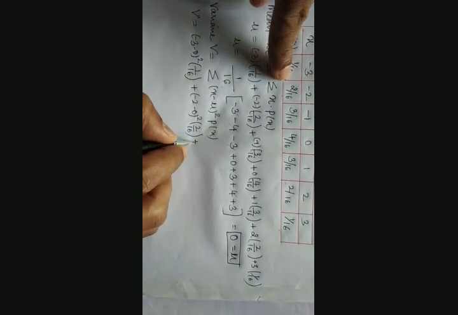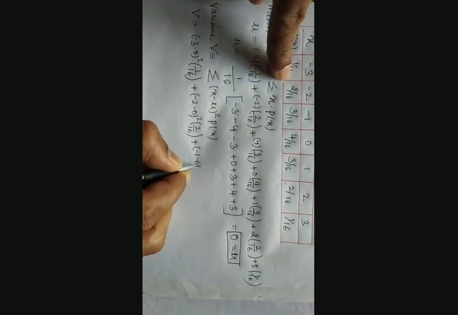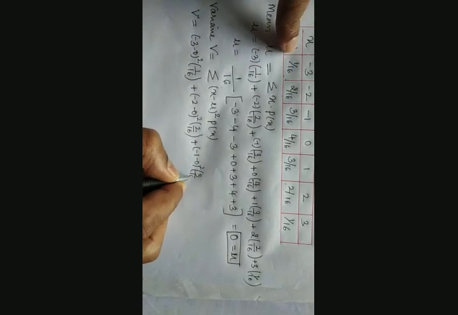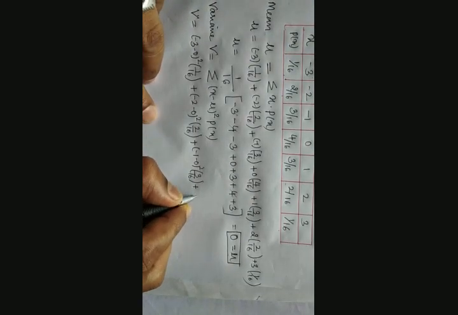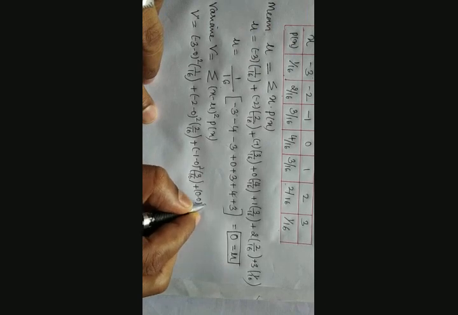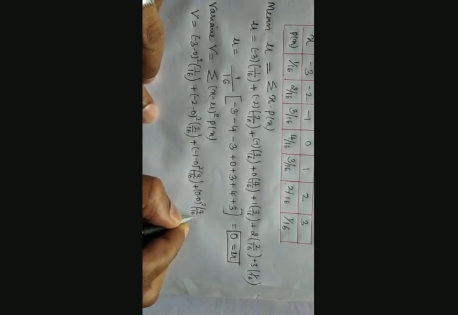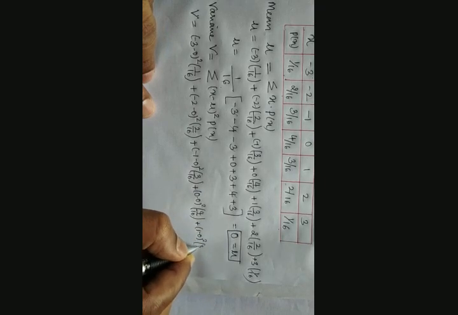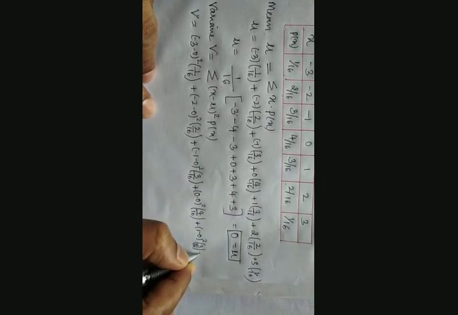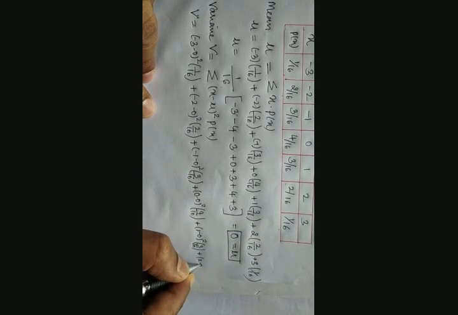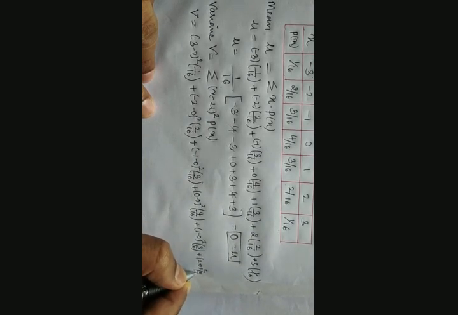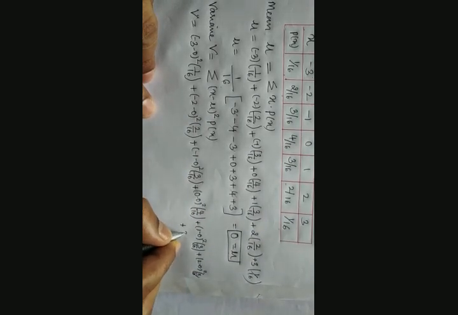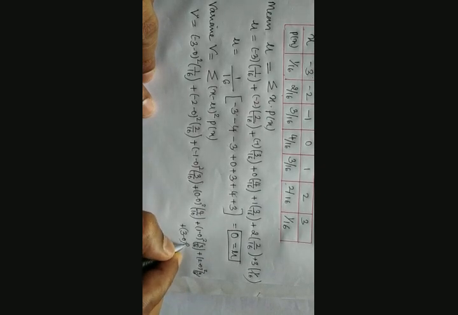Next, minus 1 minus 0 square into 3 by 16 plus 0 minus 0 square into 4 by 16 plus 1 minus 0 square into 3 by 16 plus 2 minus 0 square into 2 by 16 plus 3 minus 0 square into 1 by 16.